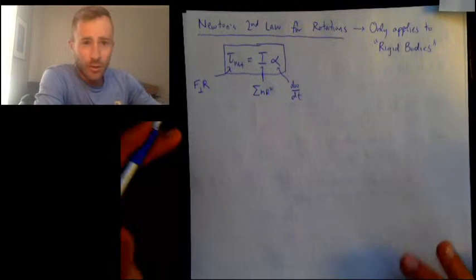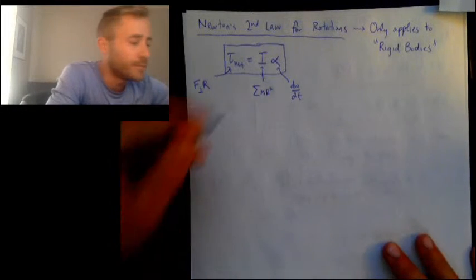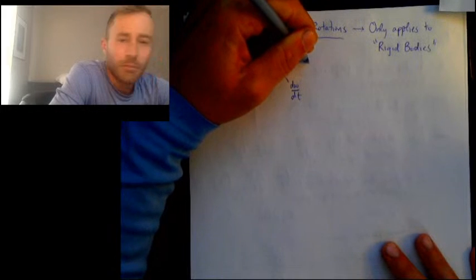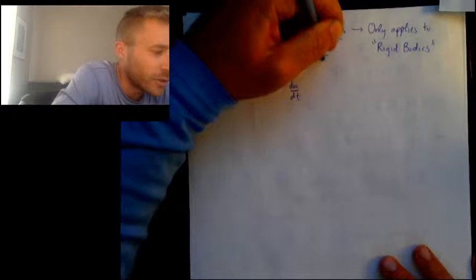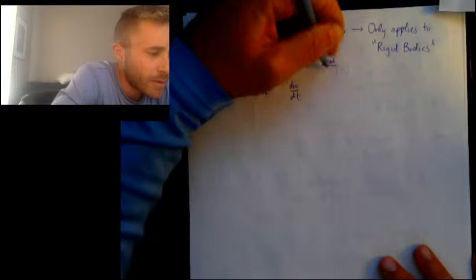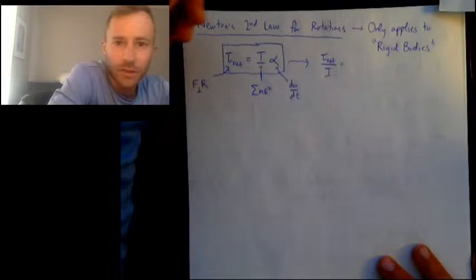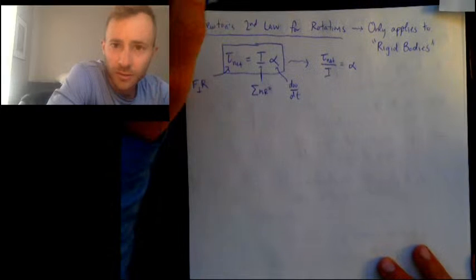So how is this equation used? Well, most often it's used like this. We would divide both sides by inertia, and that would tell us what the angular acceleration is.